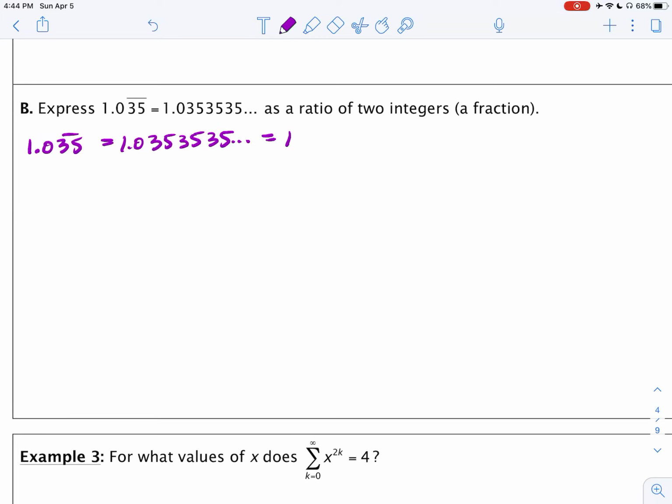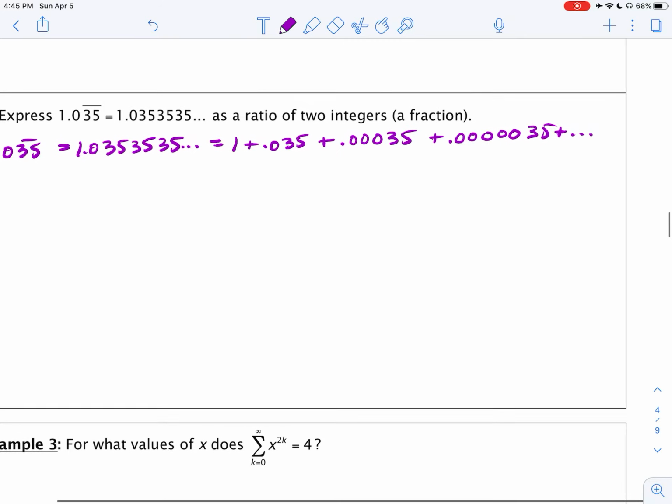And that's going to be 1 plus 0.035 plus 0.00035 plus dot dot dot, right? So we would just keep adding.